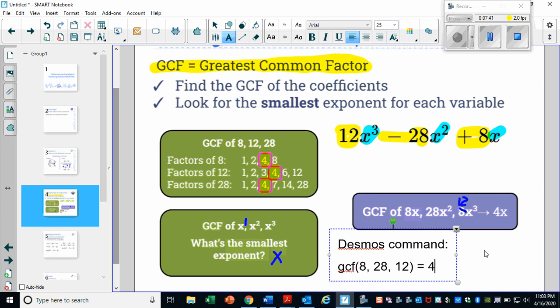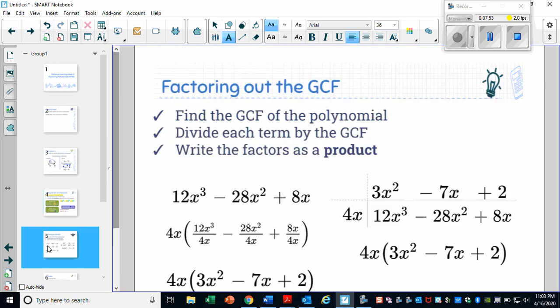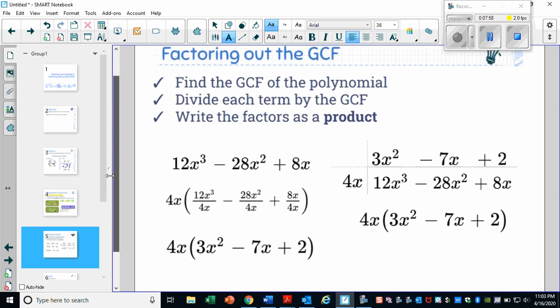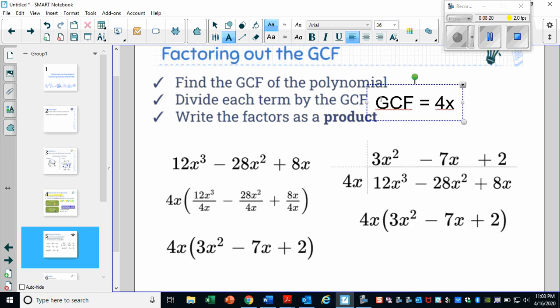So now once we find our greatest common factor, which is the 4x, what we're going to do is the following. Once we factor out our GCF, we're going to divide each and every term of the polynomial by your GCF. So the GCF is 4x, from the previous slide.